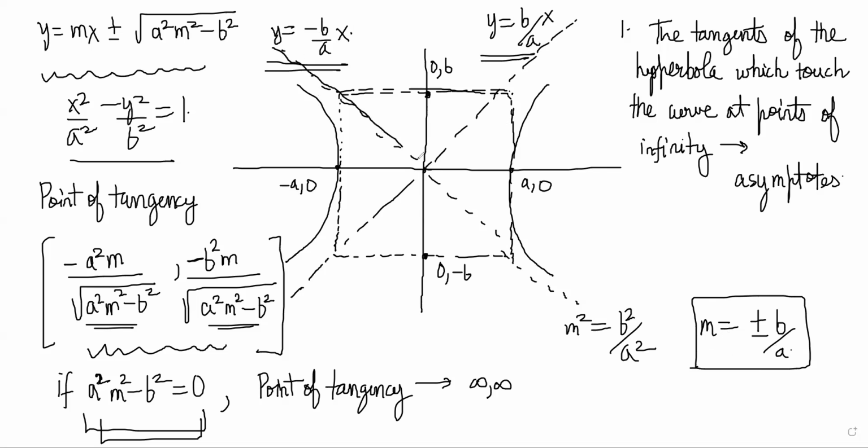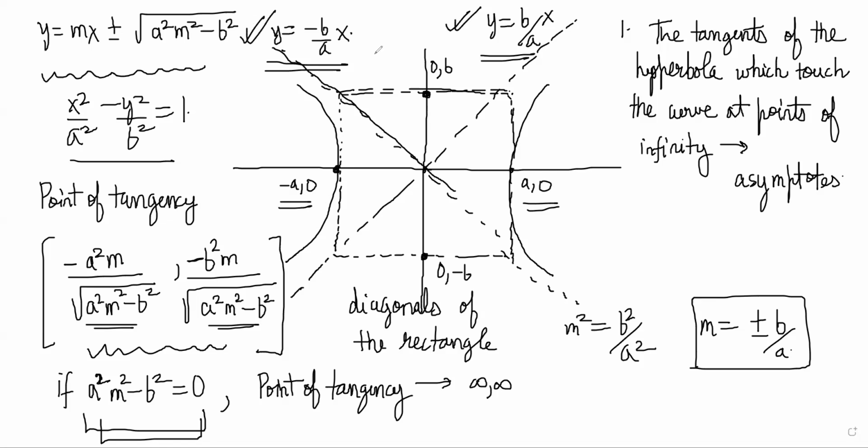These lines are our asymptotes. So basically, these are the diagonals of the rectangle that I found with the vertices. So which rectangle? The rectangle using the points minus a comma 0, a comma 0, 0 comma b, and 0 comma minus b. The diagonals of that rectangle are y is equal to b by a x and y is equal to minus b by a x.